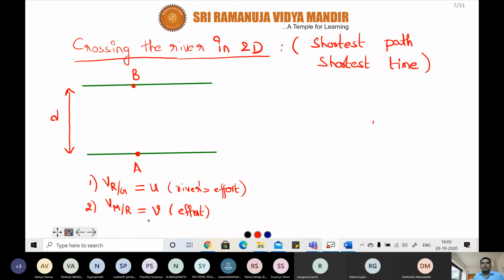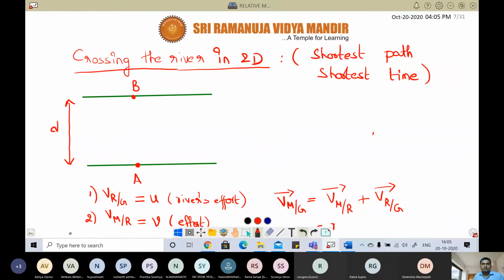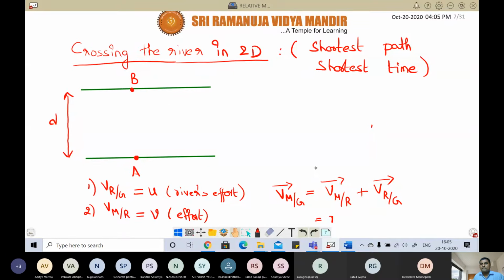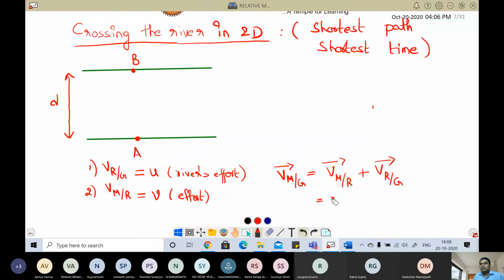Velocity of man with respect to ground is equal to velocity of man with respect to river plus velocity of river with respect to ground, which is nothing but man's effort plus reverse effort.